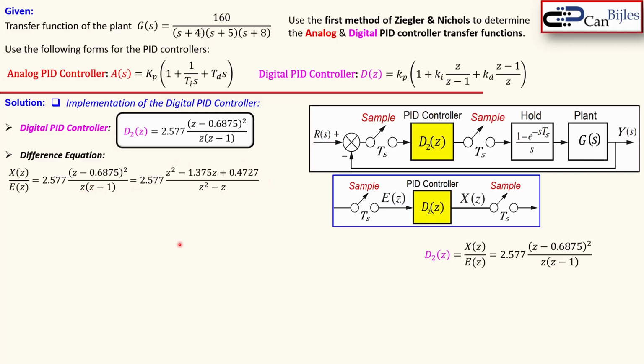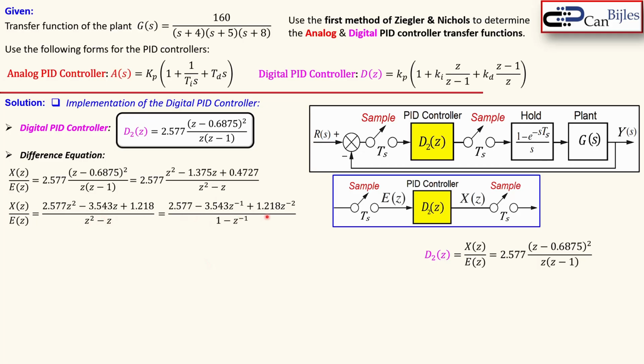The next step is taking this 2.577 in the numerator, so every term gets multiplied by 2.577. Then you divide by the highest order, which is z squared, so you get only 2.577, here z to the power minus 1, and here z to the power minus 2. And here it is 1, and then minus z to the power minus 1. That's what you see here.